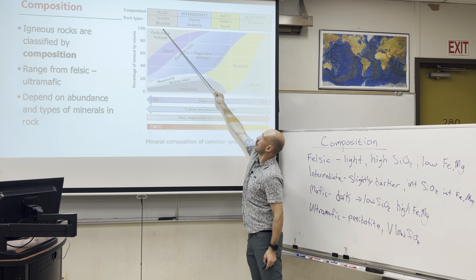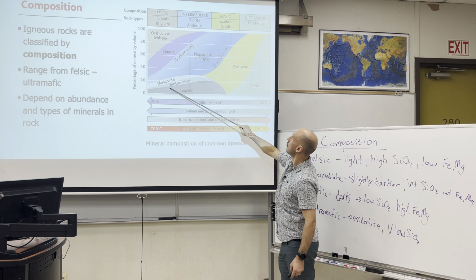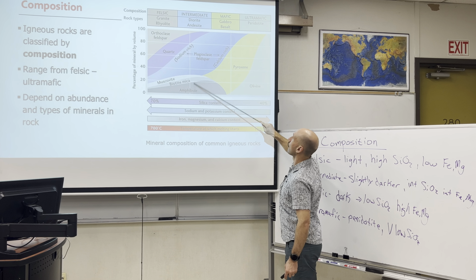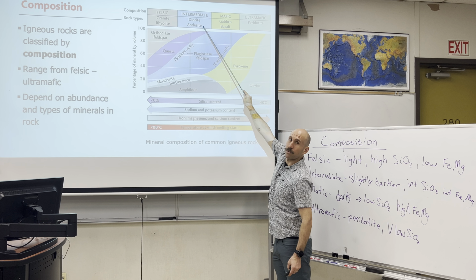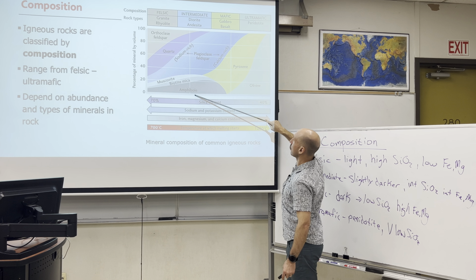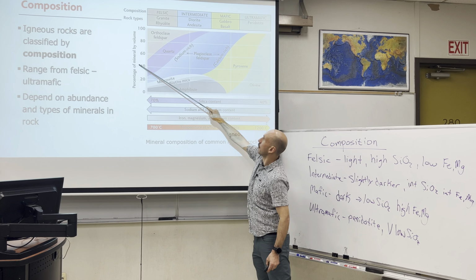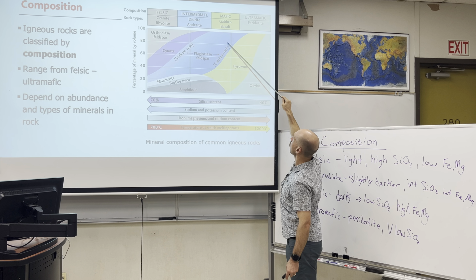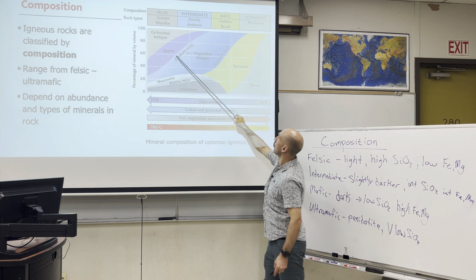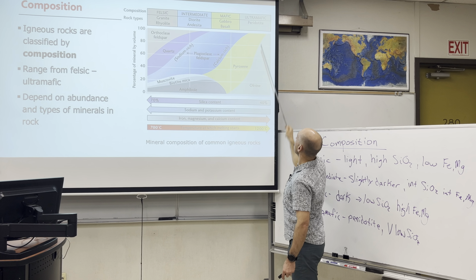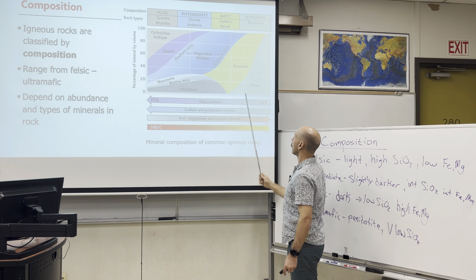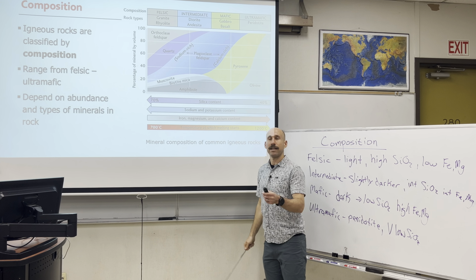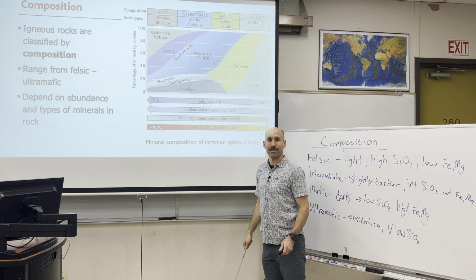So felsic rocks have these minerals in these abundances. Intermediate igneous rocks will have proportions of minerals like so. Here's the percentage of minerals by volume. Mafic, we're going to have more pyroxenes, some plagioclase, no orthoclase, no quartz. Ultramafic, primarily olivine and pyroxene, reflecting the silica content that is also dictated by the minerals.